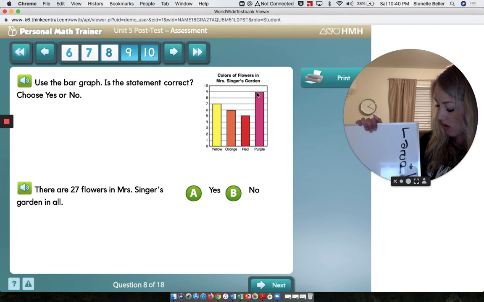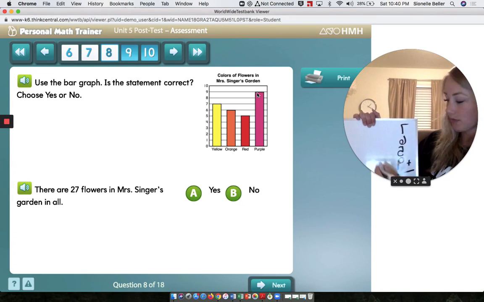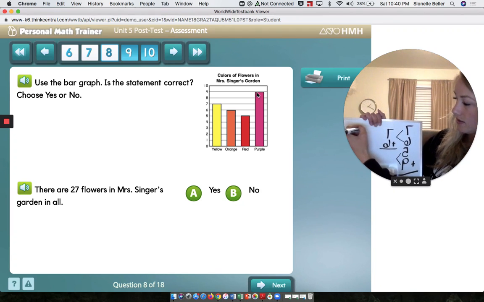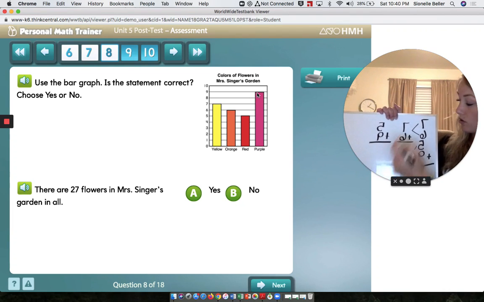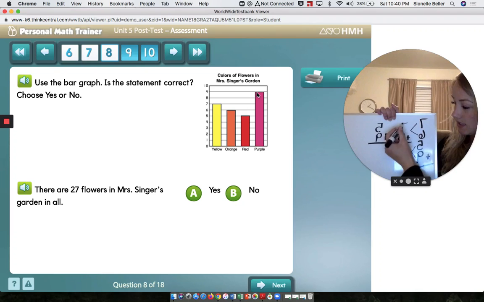We can add all these numbers together, or we could separate it into 2 different problems. We could add these 2 together, 7 plus 6, and then we could add these 2 together, 5 plus 9. And then we could add their answers if we want. Okay, or we could just add them all. Either way will get you the right answer. Let's do it this way first.